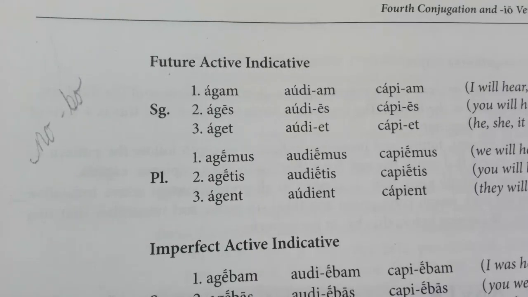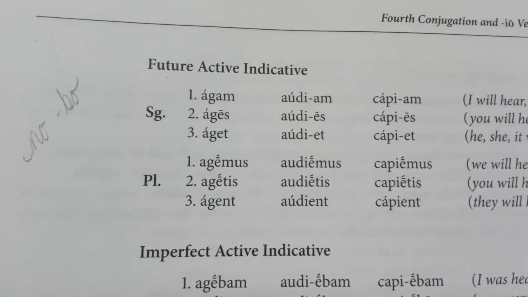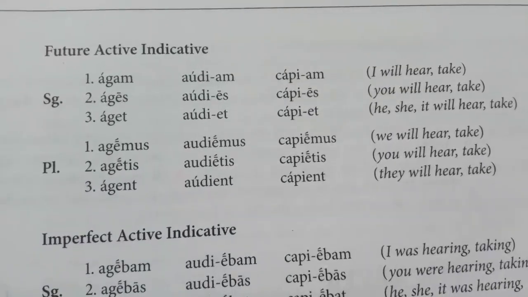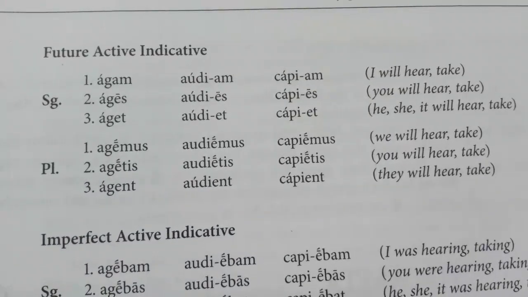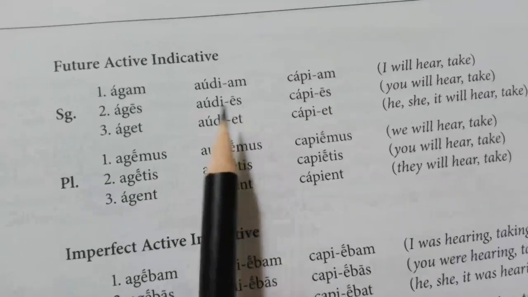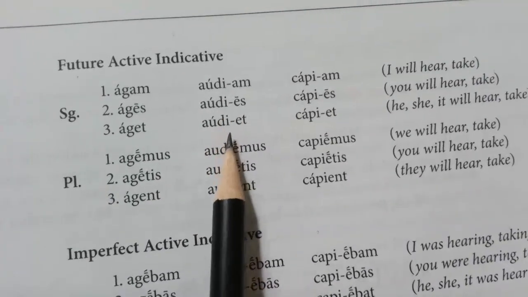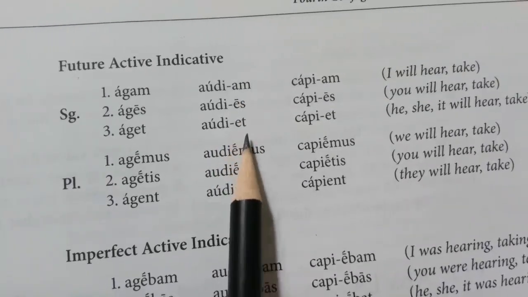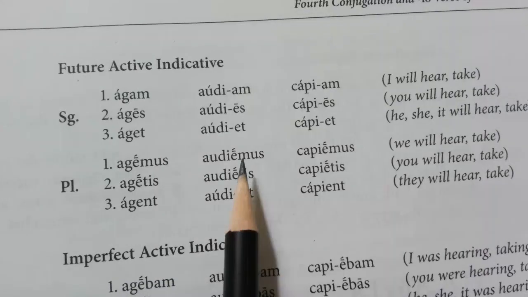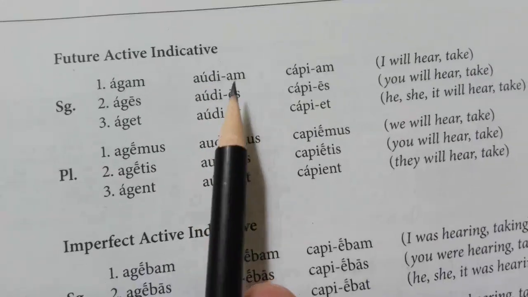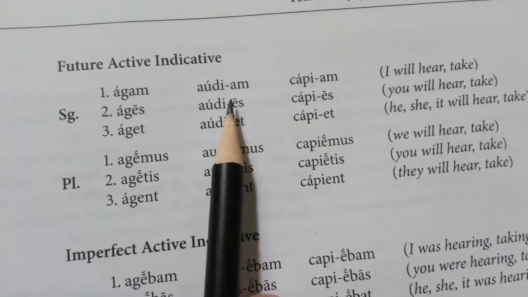So we've already seen this before and there's really nothing new here, except that strong I, even though you've added a vowel suffix on here for the personal ending, that I is strong enough. Now this is fourth conjugation, audio, audire, right?